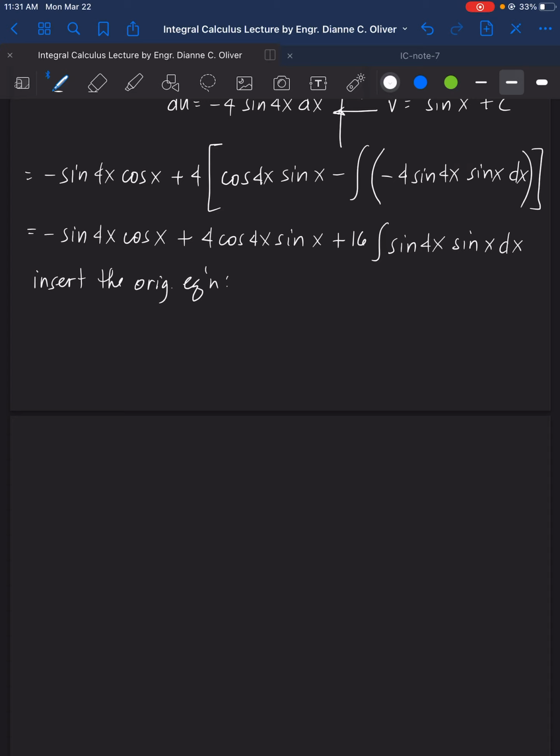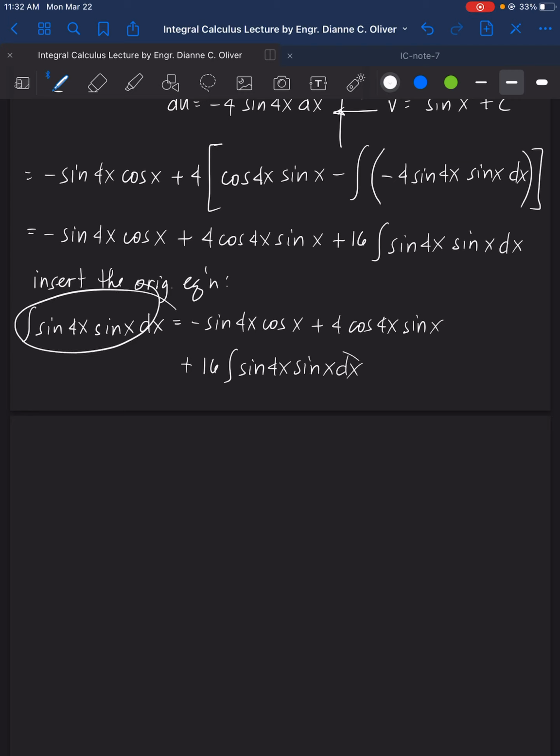The original equation is integral of sine 4x sine x dx is equal to, let's copy this, negative sine 4x cosine x plus 4 cosine 4x sine x plus 16 integral of sine 4x sine x dx. So this 2 here is now similar. So what is 1 minus 16? We transpose this to the left side, becomes negative 16. So 1 minus 16 becomes negative 15.